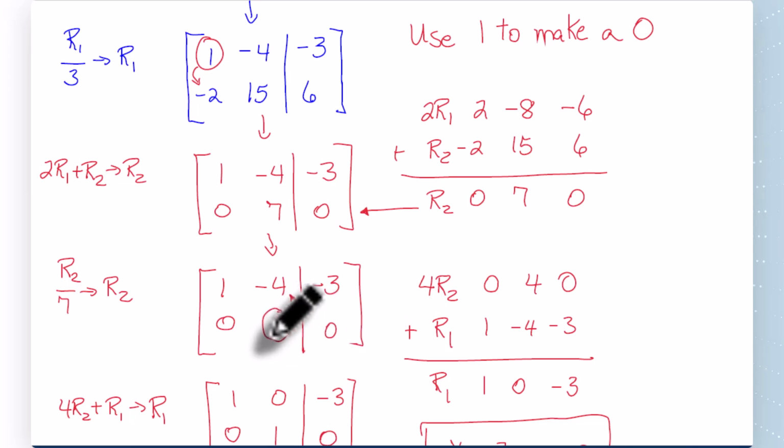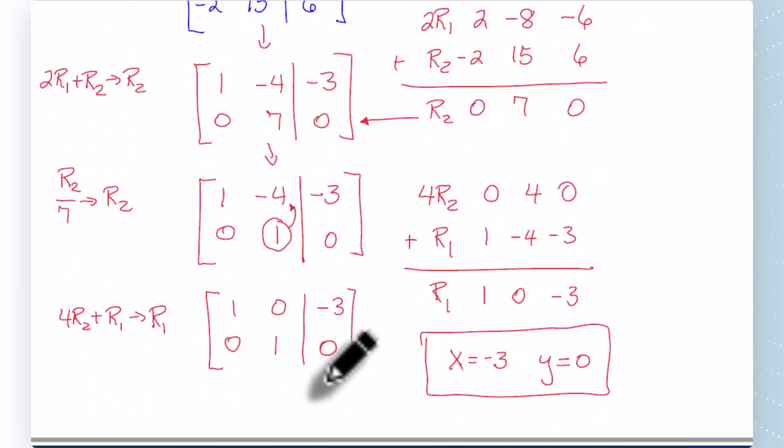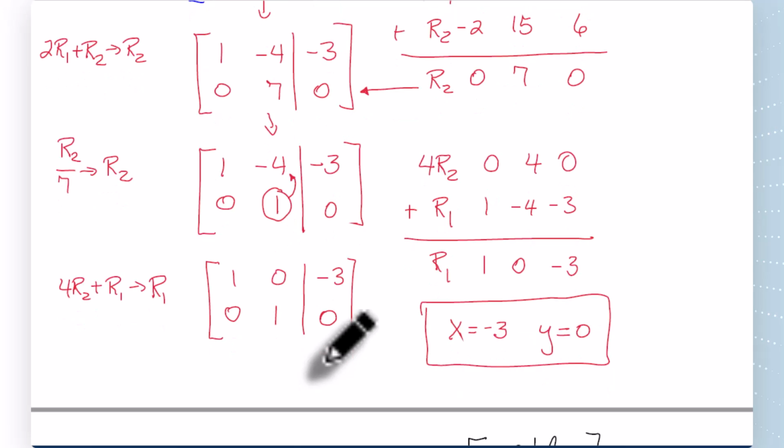All right, so 4 times the whole row. So 0, 4, 0. Add that to row 1. Okay, add them up, I get 1, 0, minus 3. And so, looks good. I've got a 1, 0, 1, 0. And so the answer for x is minus 3. And the answer for y is 0.